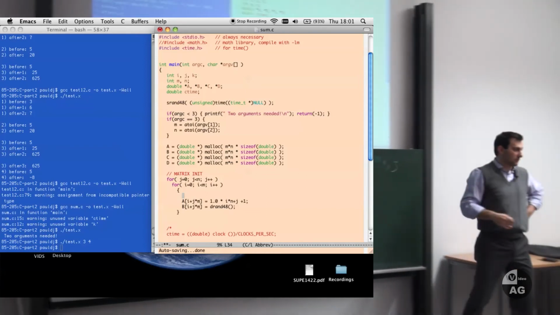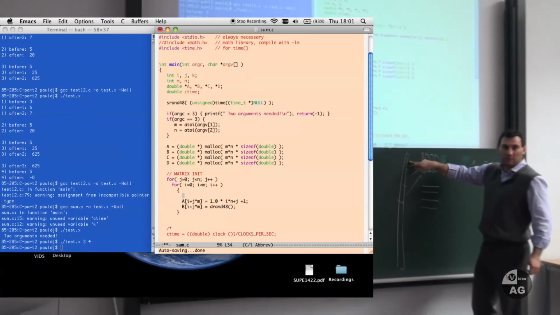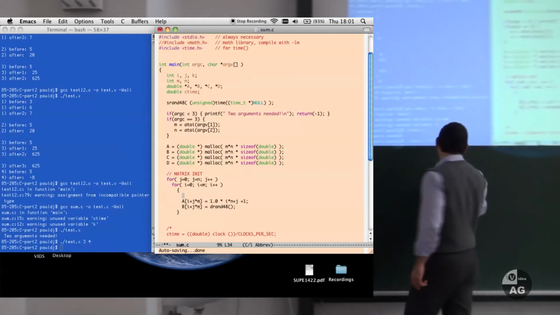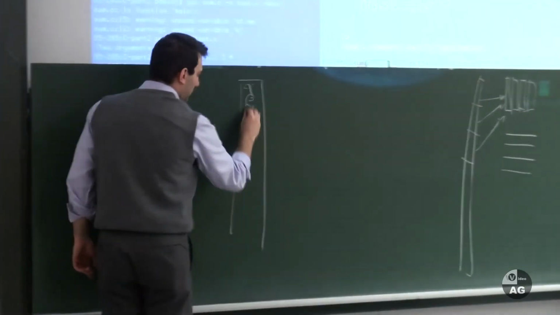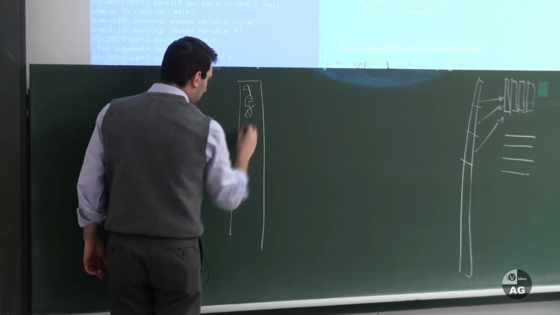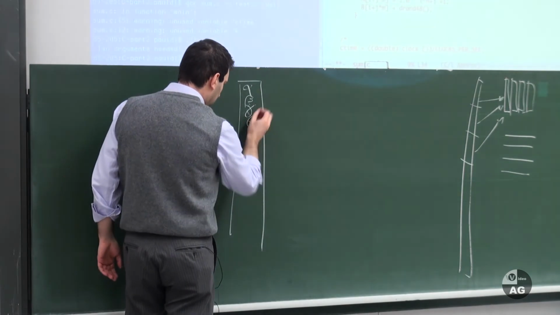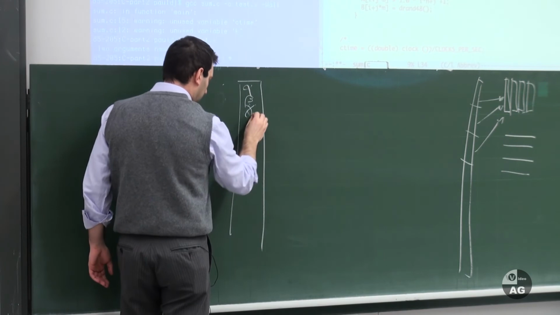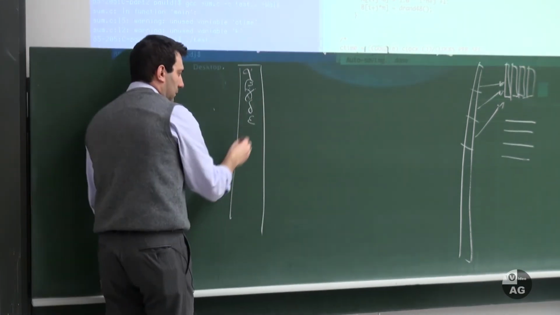But the point is, you have to decide whether in memory, so let's put some numbers into the array. Alpha, beta, gamma, delta, epsilon, and so on.